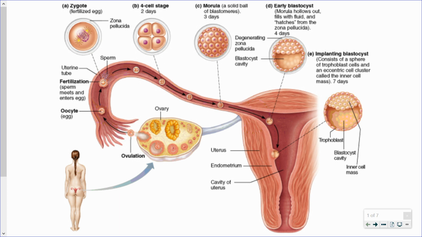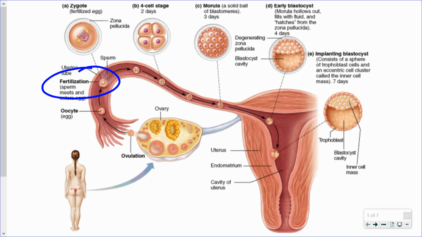Probably most of them are heading up and swimming in the right direction, toward the egg that was released from the ovary and drawn into the fallopian tube. The normal site of fertilization is typically what is described as the upper two-thirds of the fallopian tube, and it is shown taking place right here, the process of fertilization.